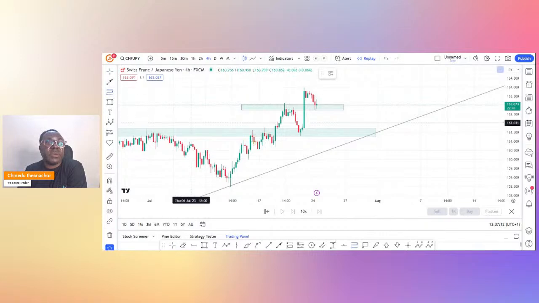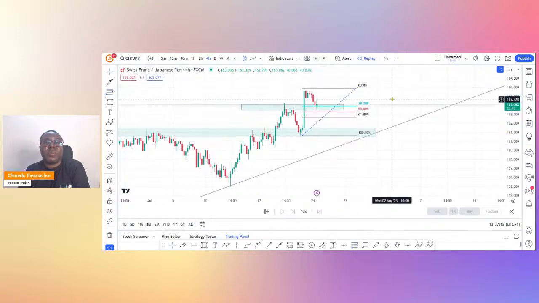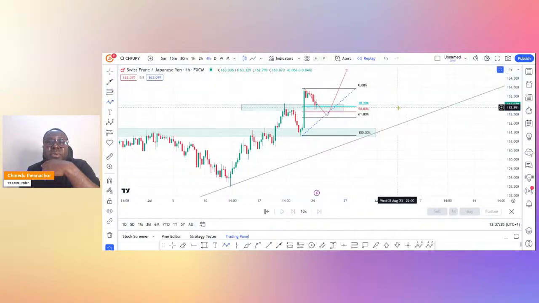So let's check our retracements from here to this high. Price has moved into 50%. So what you may see is the market dropping a little bit further, into this zone, before gaining more strength.